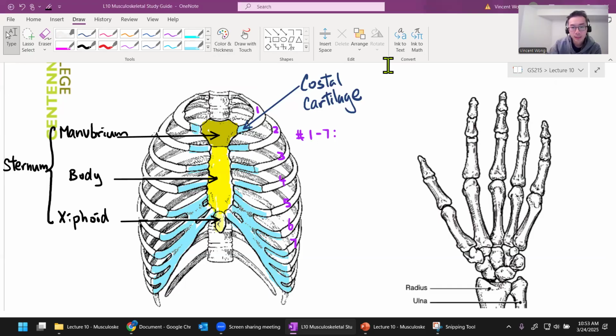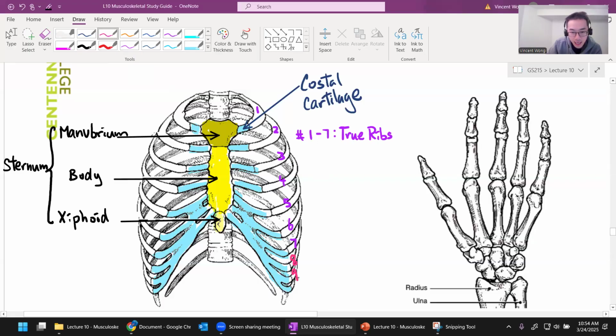True ribs. That's right. These are the true ribs, the real deal. They are the ones that connect directly to the sternum with their own costal cartilage. That's how we define them. They have their own connection through their own cartilage.